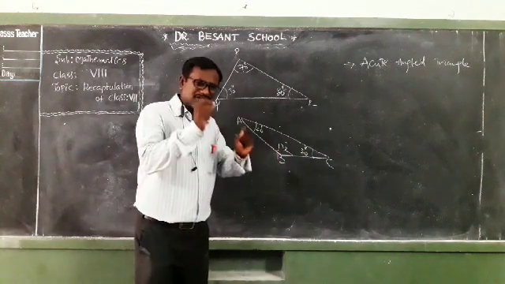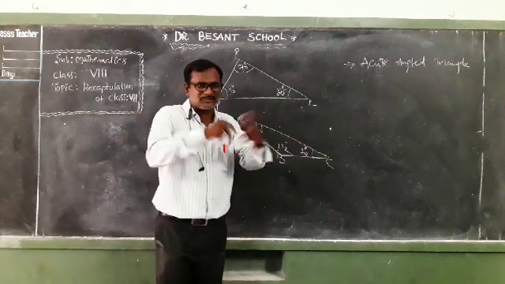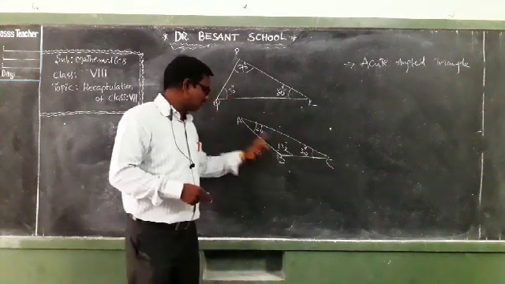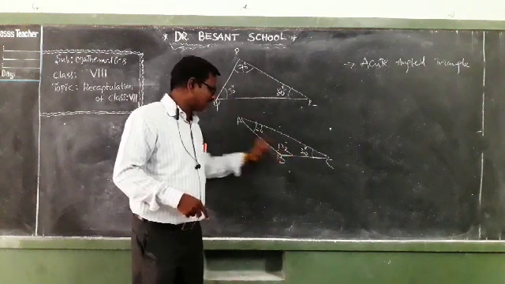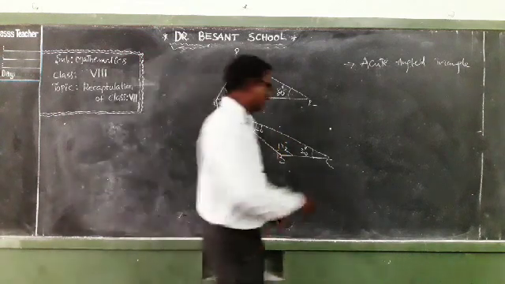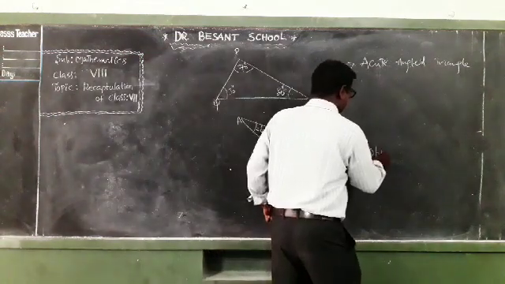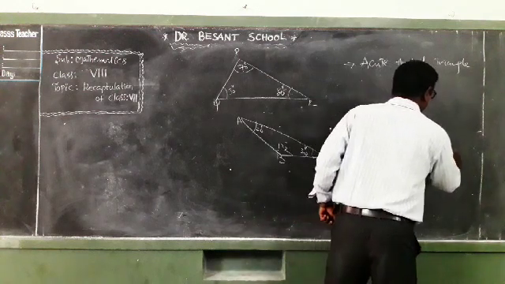There is a possibility of only one obtuse angle, because there is no chance of two obtuse angles in a triangle. So 130 plus 20, 150, plus 30, 180. Out of all the three angles, one angle is obtuse, that is more than 90 and less than 180. Such type of triangle is said to be an obtuse angled triangle.